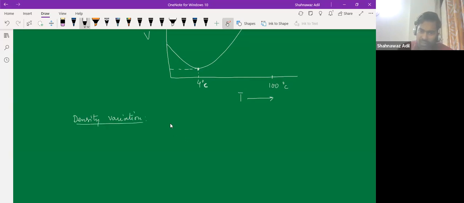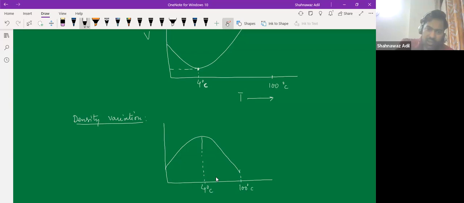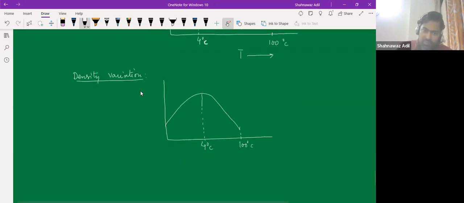We know that the usual thing is that the density should decrease. But for the case of water, it increases and then it decreases, right? So this is again 4 degrees C, and this is 100. This is density, right? And this is temperature.